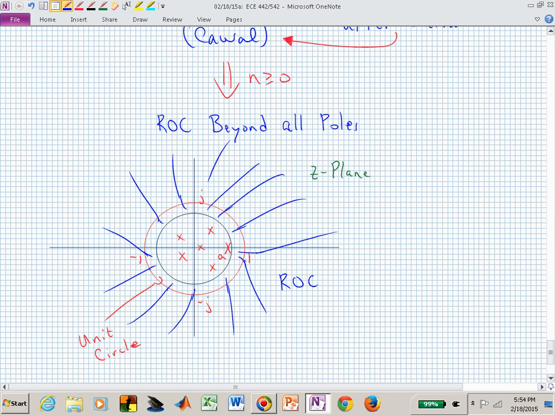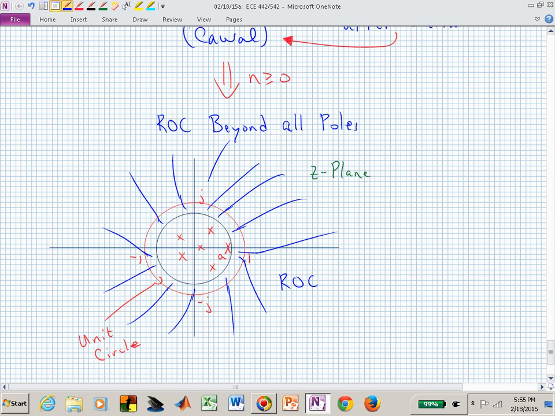Is that clear? Is it the reasoning behind why we're talking about stability, having poles inside the unit circle, and why just a few minutes ago we had poles outside the unit circle that were giving us bounded signals? Those are consistent concepts because in this system, we are forcing it to be a causal system.